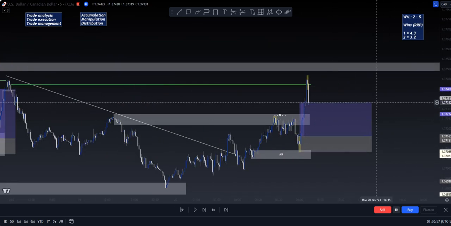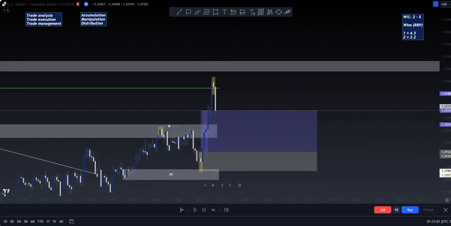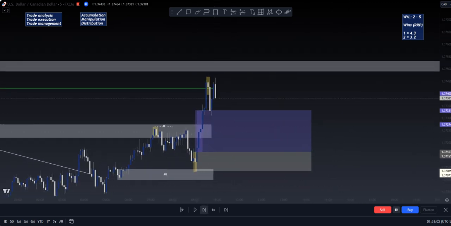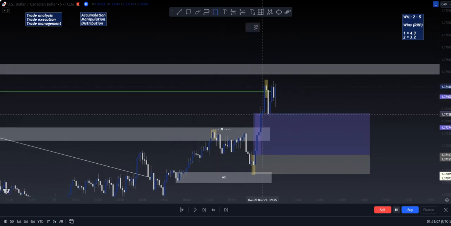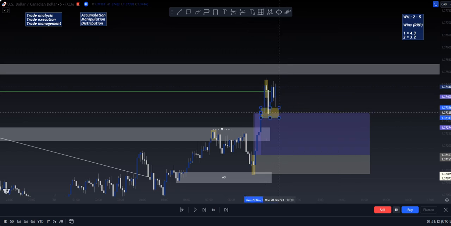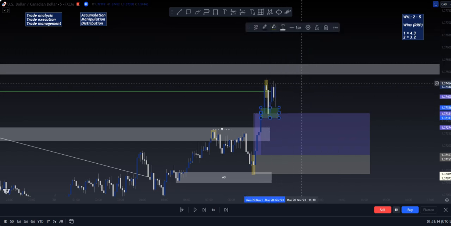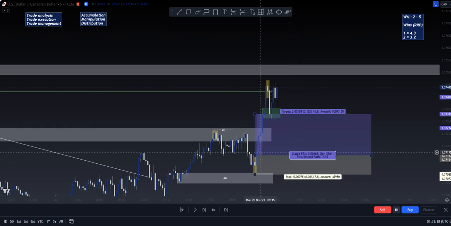But in this case, I'll hold. And the reason I decided to hold is because I seen that the market was just at this inside area of demand. And I just wanted to see how it would react here before closing. And it looks like that was a good call.